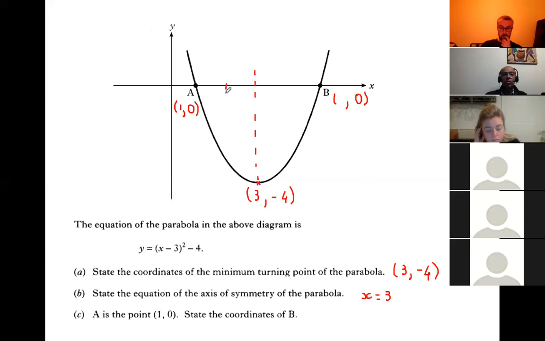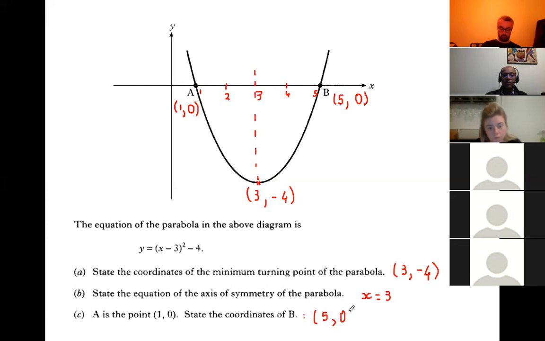Because you've got a symmetry here, you've got the same amount of steps from 3 to 4, and then 4 to 5. So basically, here is the point 5. You will get the mark, and you just say (5, 0) as the coordinate of B, by just looking at the symmetry.